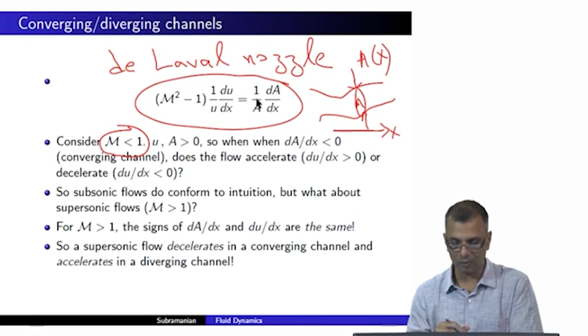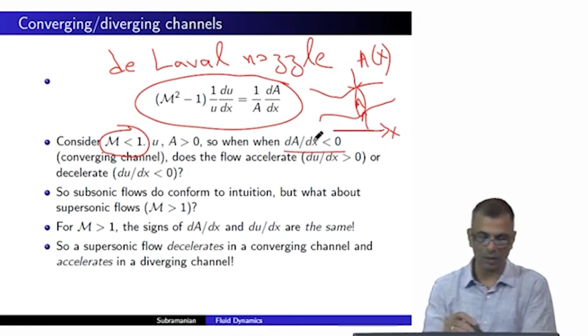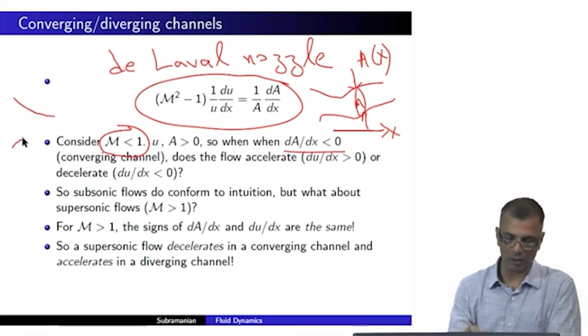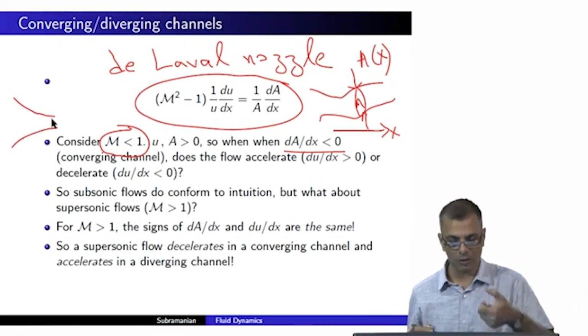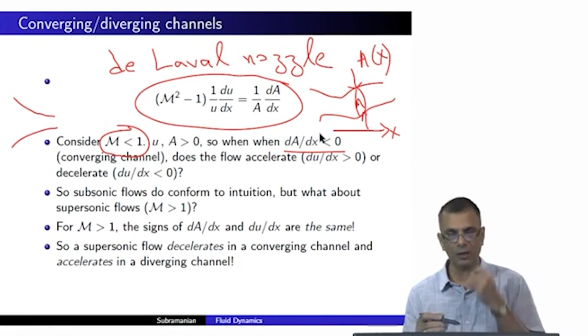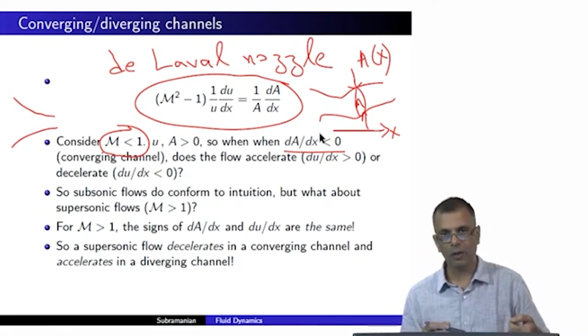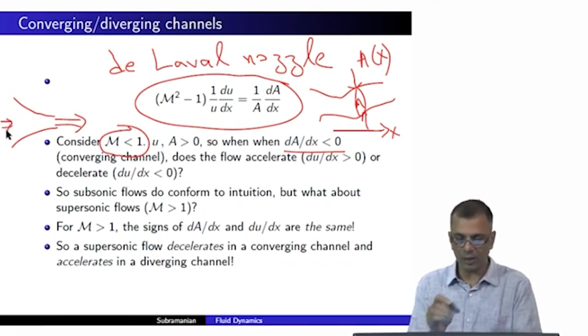When dA/dx is less than 0, the area is pinched like this, somewhat like pinching a garden hose. The area is decreasing, so you expect the fluid squirts out at a higher speed here than here. And that is really what happens.